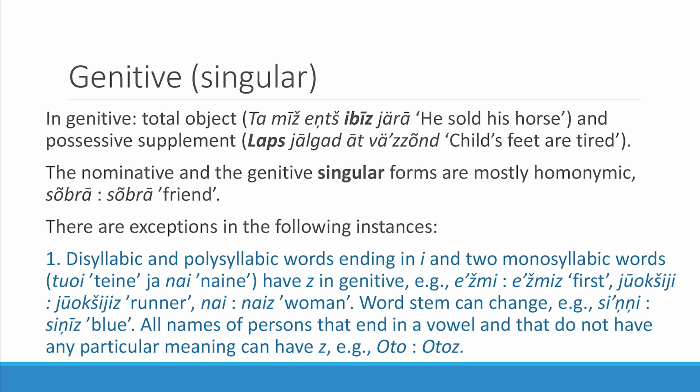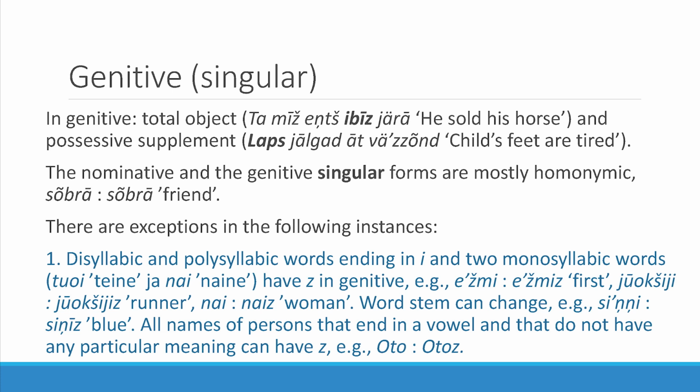But there are some exceptions, and I'm going to show you five of them. For example, the disyllabic and polysyllabic words that end with an I, and also two monosyllabic words like tuai and nai, have ze in the genitive.